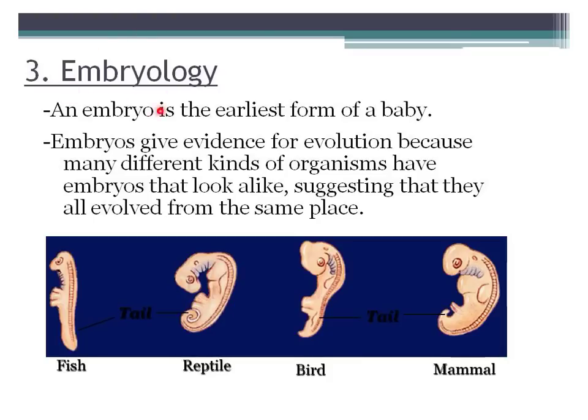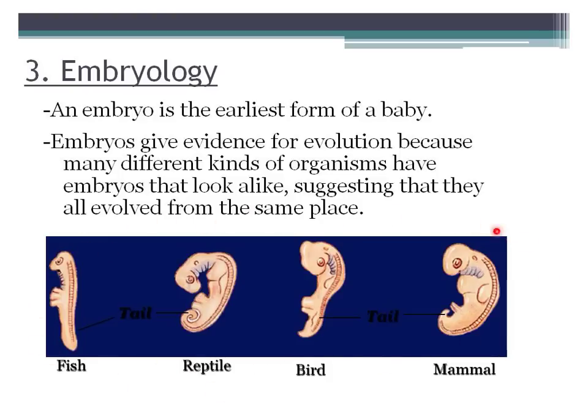Embryology, the key word is embryo. Embryo is the key word that we use to identify a particular child in its earliest forms, the fetus. So you can see here that we have 4 unrelated species, yet when we look back at their earliest embryos, we all look very similar.